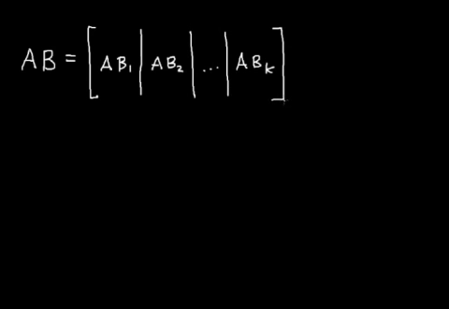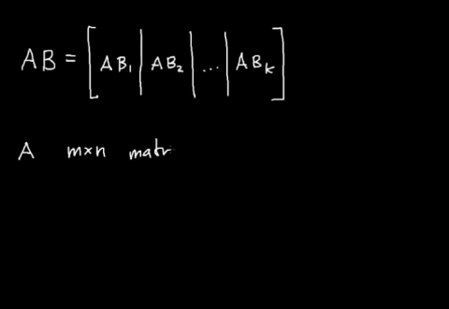What are we doing here? Well, firstly, let us say what the dimensions of the matrices we're working with are. So let's say A is an m by n matrix.